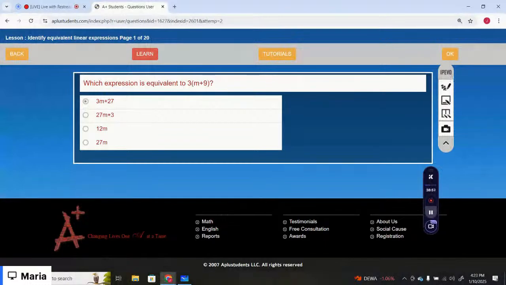You have to apply the distributive property. You have to do 3 times m, that is 3m, and 3 times 9, that is 27. So option number 1 is the correct option.